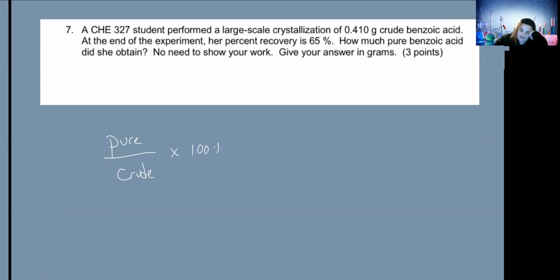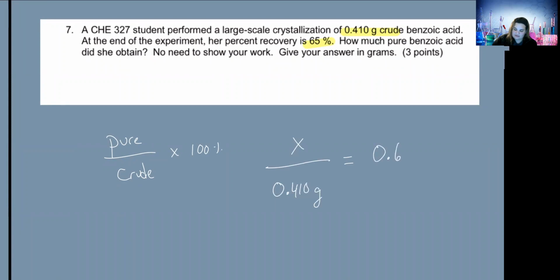We are told we have 0.410 grams of crude and the percent recovery is 65%. So we have to find the pure, we're finding X. The crude is 0.410 and we're getting 65%.